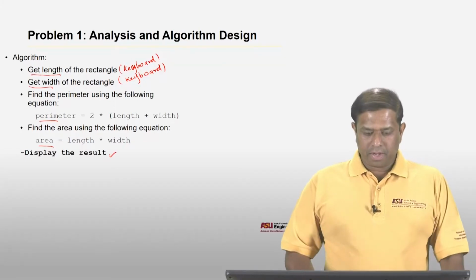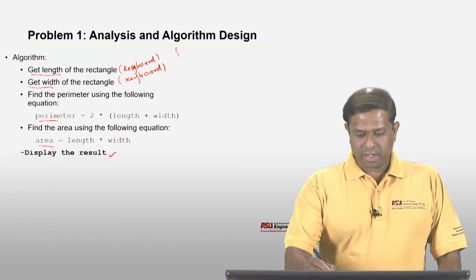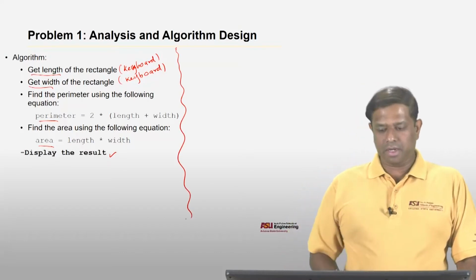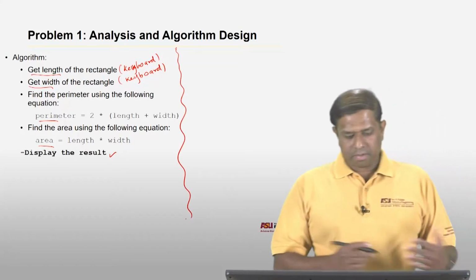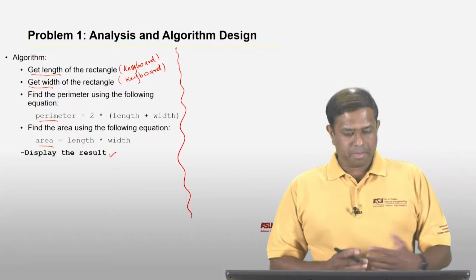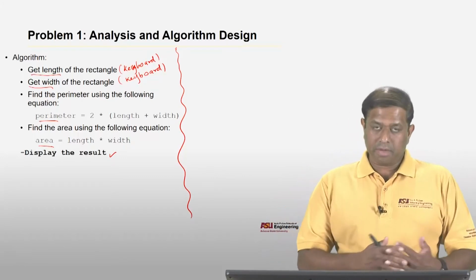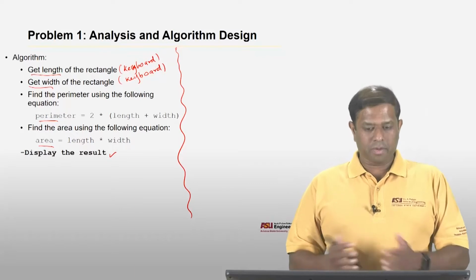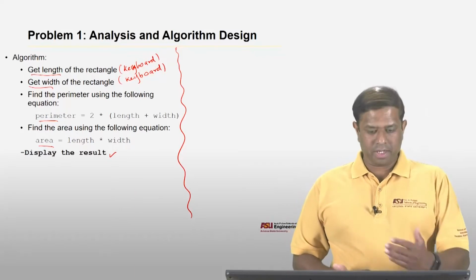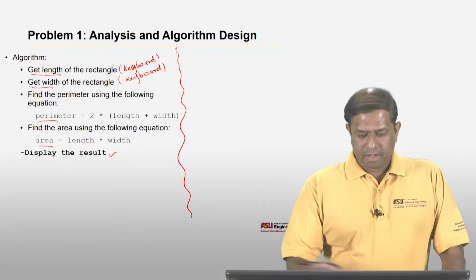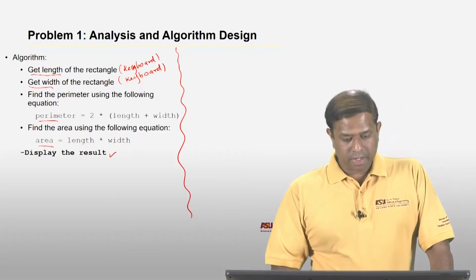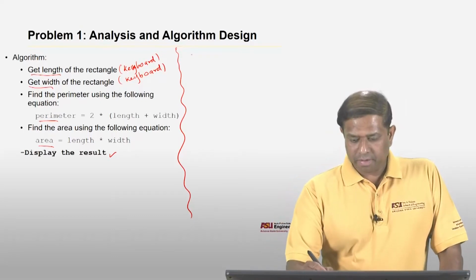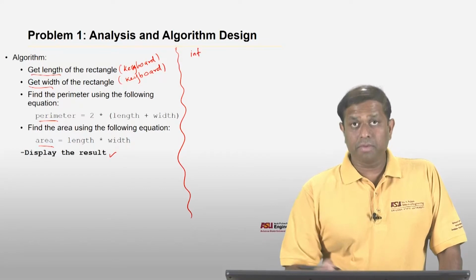Now by looking at this algorithm, we can construct our program for it. This algorithm is a pretty simple algorithm, so by just looking at these statements, we can identify corresponding C++ constructs for these statements, right? Now suppose I want to read length and the width of the rectangle, so I need to define two variables.